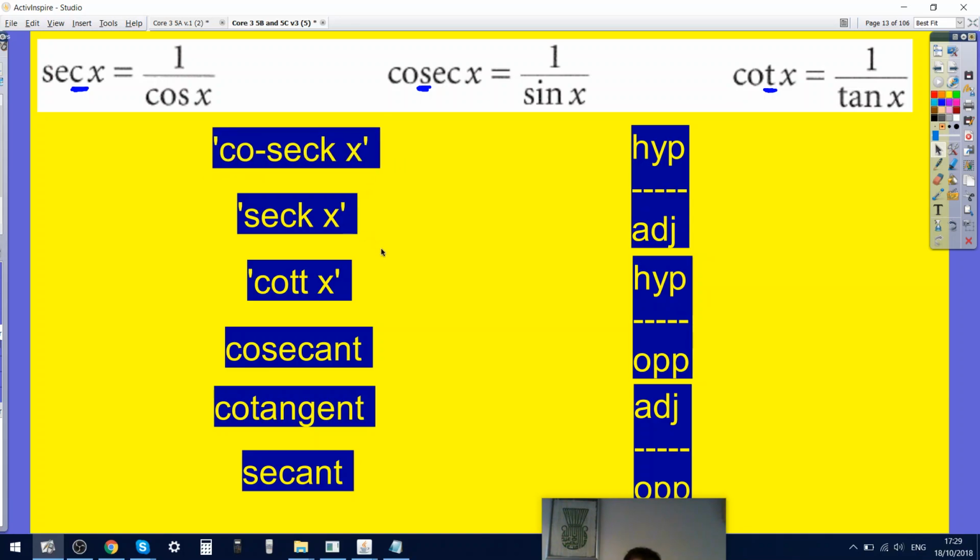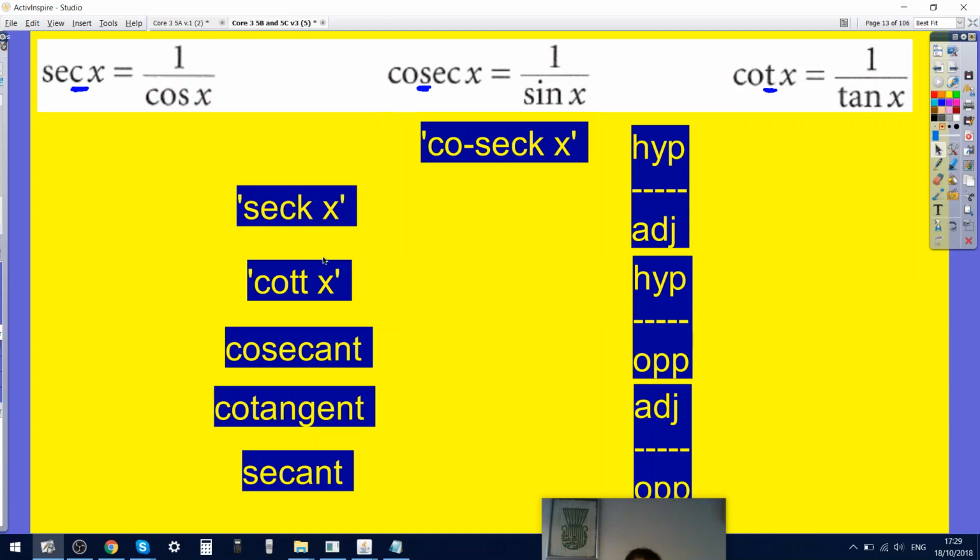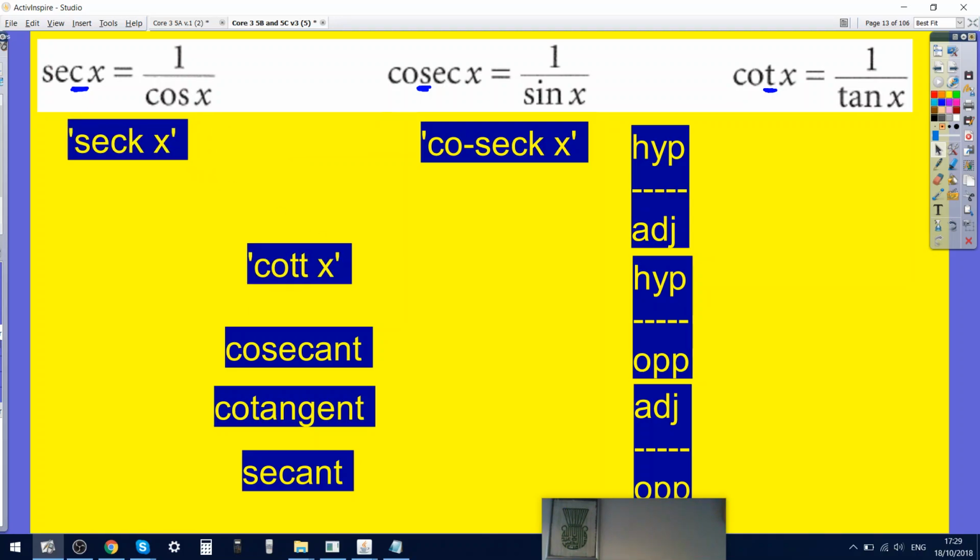Cosec x, where does that go? Cosec x is 1 over sine x. No, just middle one, that's fine. Sec x, left. Cot x, far right.